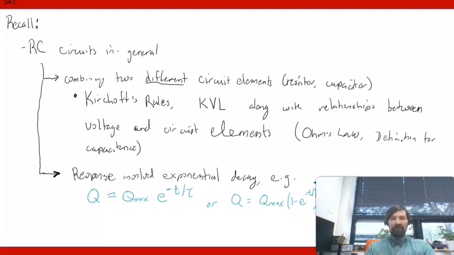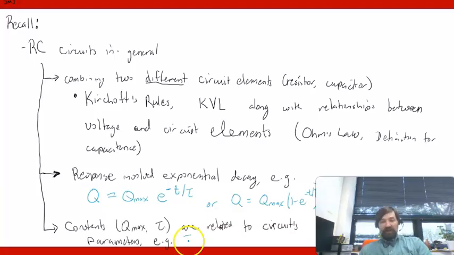decay. Finally, it's worth recalling that the constants in this equation, for example Q max and tau, end up being related to parameters within the circuit. Thus, tau was related to RC, and for that matter we could relate the half-life of decay to the tau. Tau is just the decay constant.